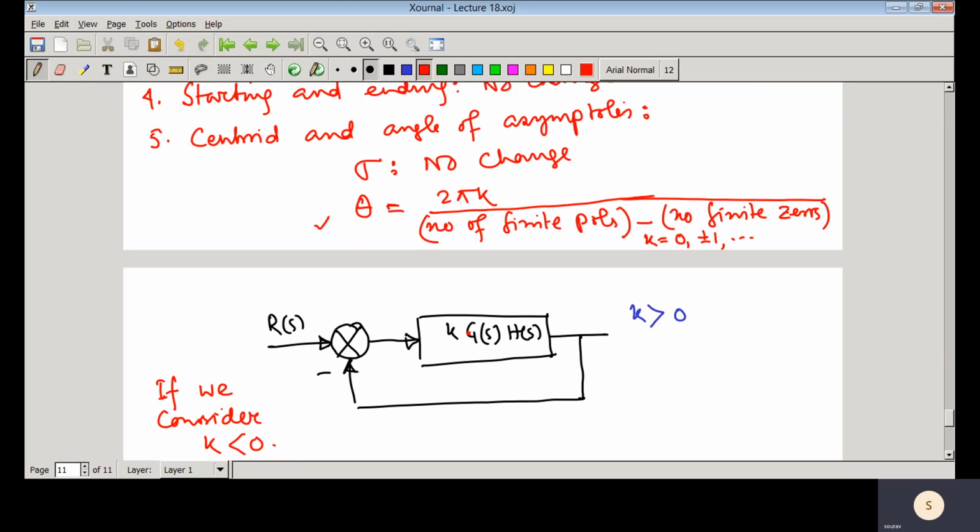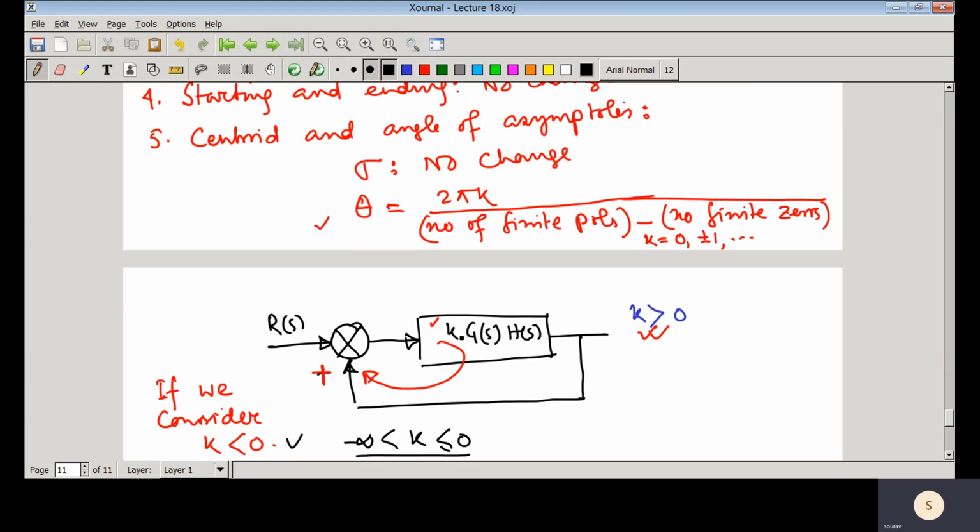So when k is negative, we can just put one negative sign here, and we can say that okay, k would be positive. So if we just put negative here, and if we bring this negative sign here, it would be plus positive. And then what happens if we consider the case what is the root locus when k is negative, varying from minus infinity to 0?